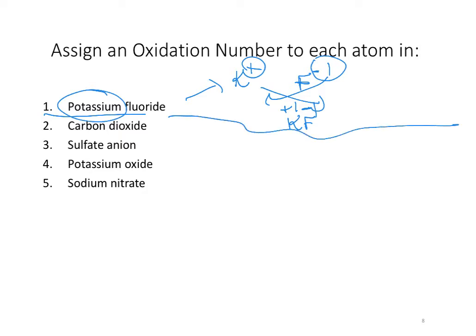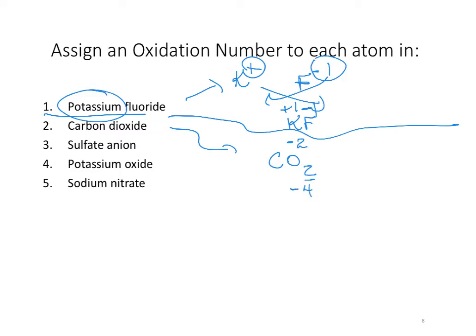Let's look at the next one, which is a covalent compound, carbon dioxide. Okay, so I told you that the oxygen rule was my favorite because it seems like so many compounds have oxygen in them. So I'm going to assign a -2 to each oxygen. I'm going to do my math below.